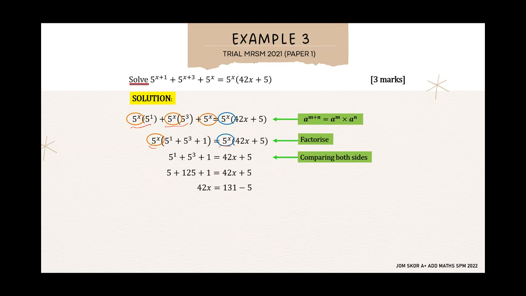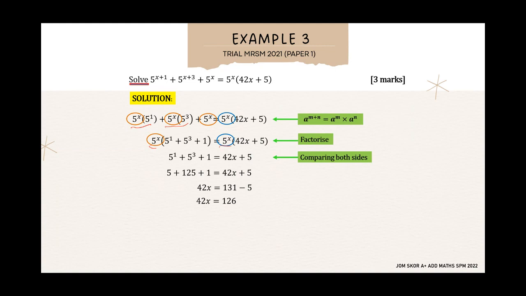Sekarang teacher simplify, teacher akan dapat 42X is equal to 131 minus 5. Simplify lagi. So, teacher akan dapat 42X is equal to 126. Soalan ni solve kan? We need to find the value of X. Macam mana nak cari nilai X? Kita gunakan concept of linear equation.